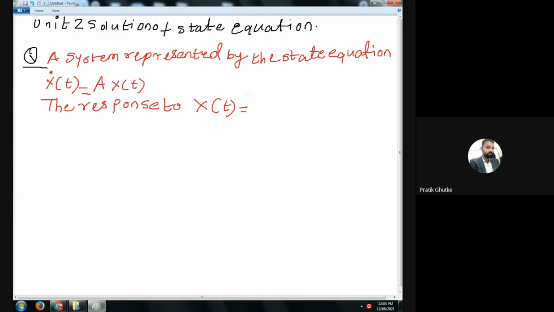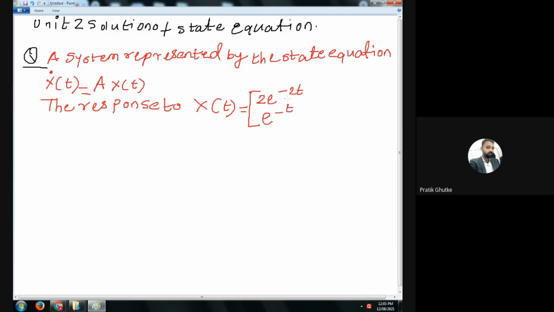this is the matrix they have given: 2e raised to minus 2t and e raised to minus t.